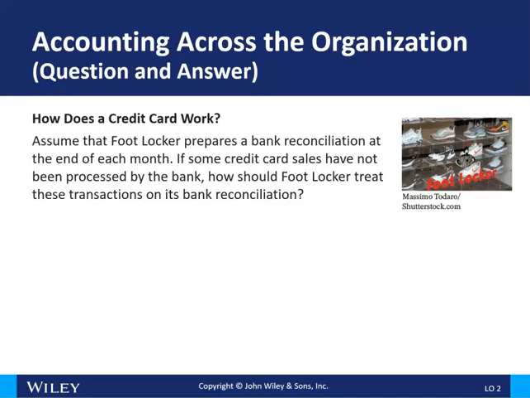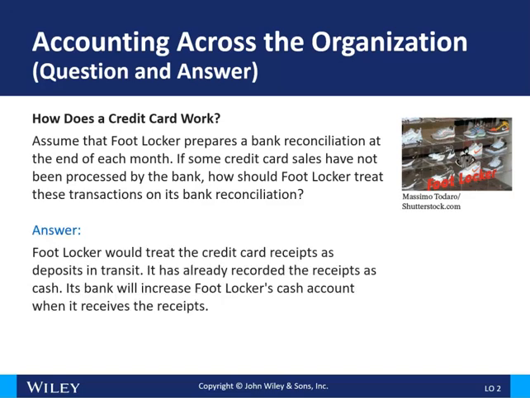How do we handle that reconciling item? It's going to be a deposit in transit. So we've recorded that we made the sale, that we got the authorization, that we're going to receive the cash. It just hasn't hit their bank yet. So it's just a timing delay. It's a deposit in transit on the bank reconciliation.